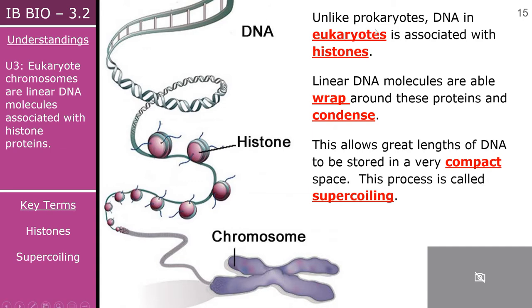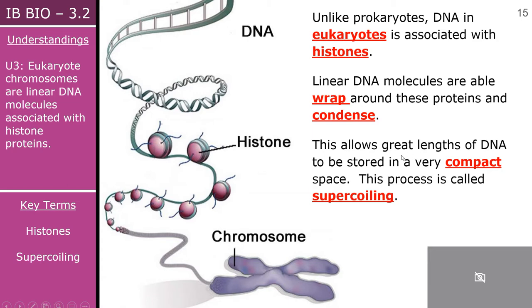So for your notes, you're going to want to know that unlike prokaryotes, DNA in eukaryotes is associated with this histone protein. So again, here we have our double helix molecule of DNA, and it's going to just wrap around these histone proteins. And this is different than prokaryotes. Prokaryotes don't do this, it's just straight DNA. But in eukaryotes, the DNA wraps around the histone proteins. This is going to allow, like you saw in that video, the molecules to wrap around these proteins and condense.